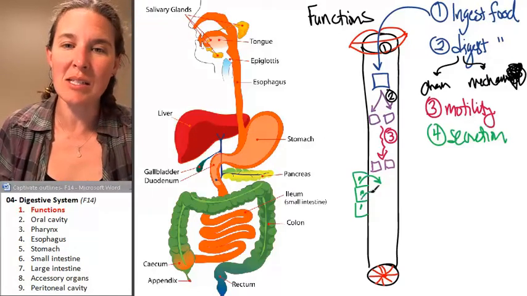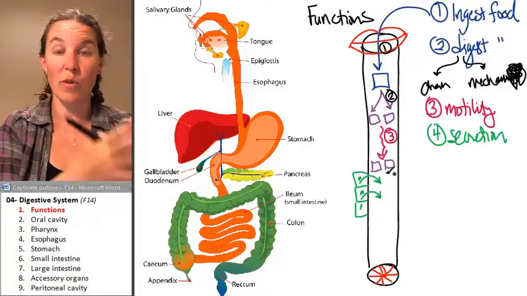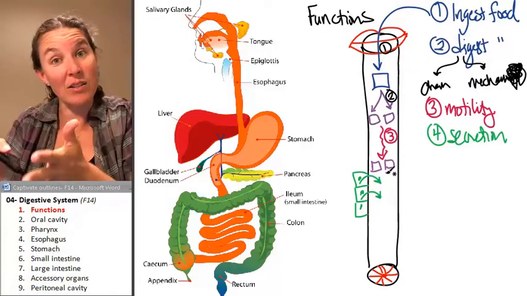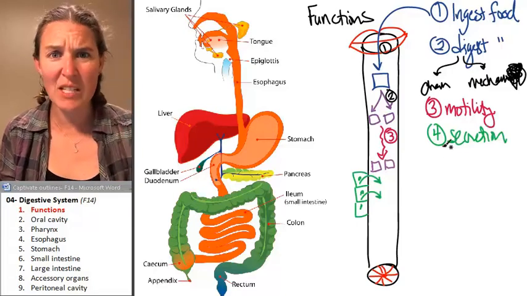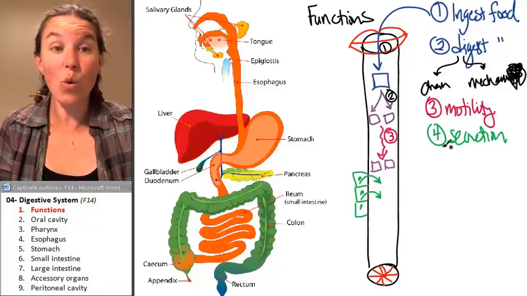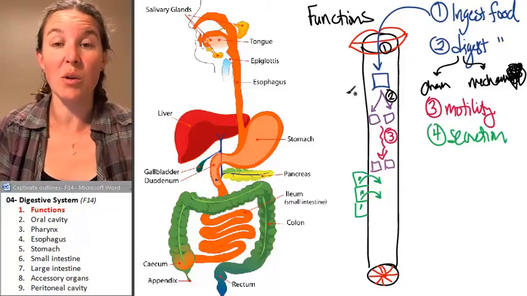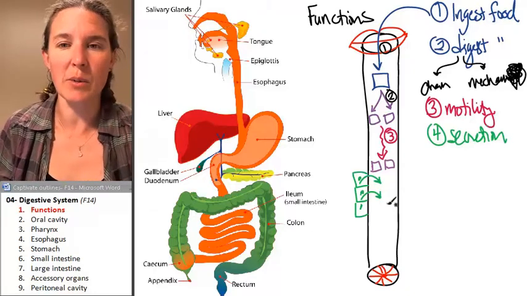When a substance is moved from the inside of the body into the outside, into the tube, that process is secretion. Are some of these familiar? They're totally functions of epithelial tissue, which is what the tubing is lined with.